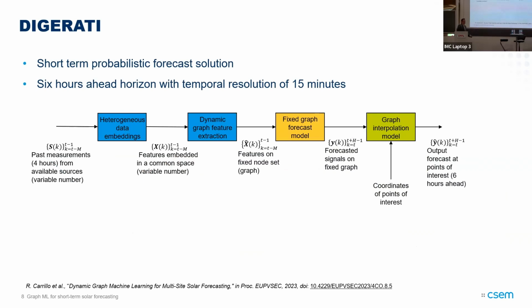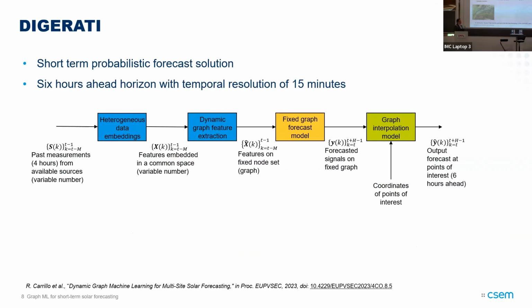Now, at CSEM, we've developed the Digerati solution. Digerati is a probabilistic short-term forecast solution. It forecasts irradiance 6 hours ahead with a resolution of 15 minutes. This is the diagram of the main blocks of the solution.